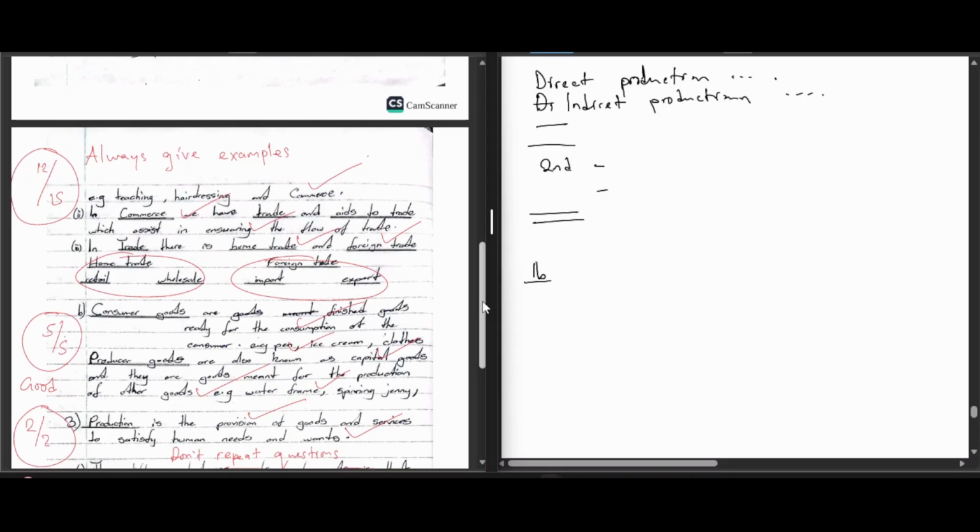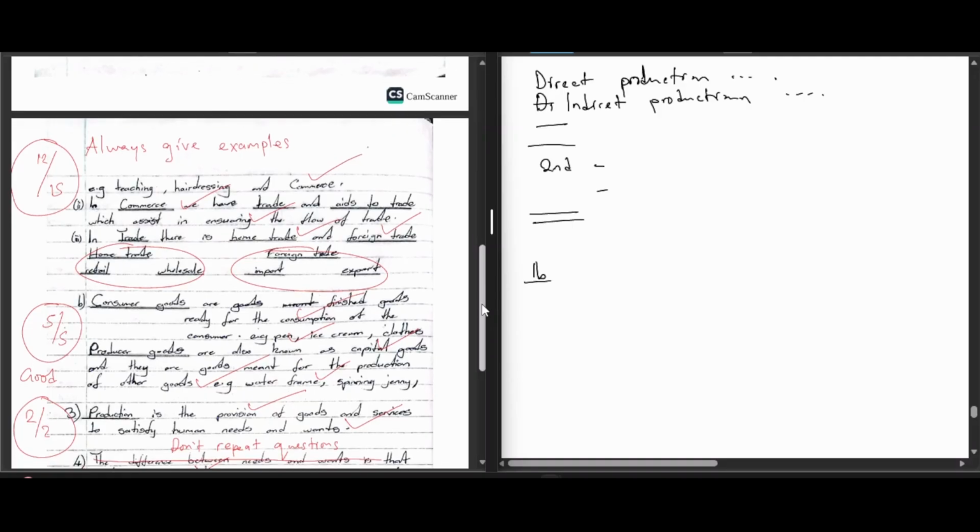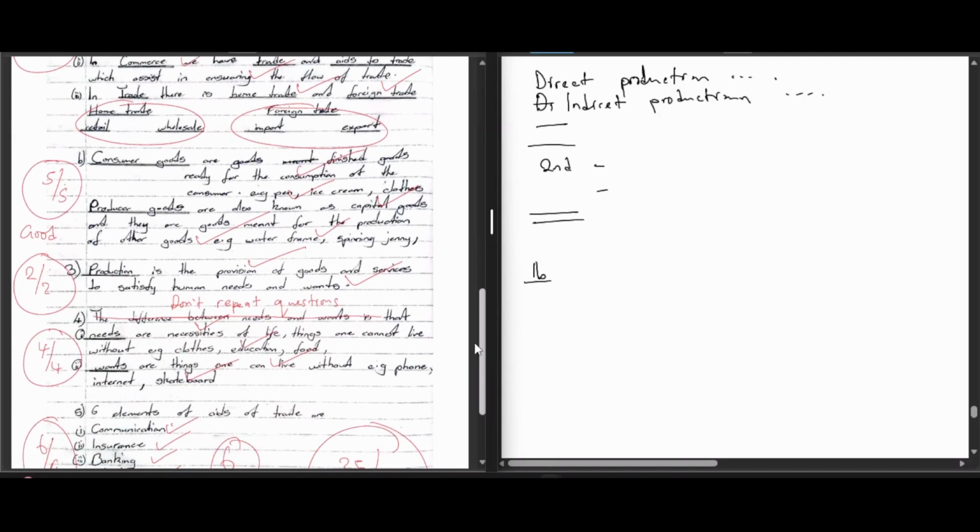Then when we go to part B, what is the difference between consumer and producer goods? Very good. You gave a correct definition, you gave all the necessary examples, and did the same for the other part of the question, producer goods, correct definition and examples. That's why you got all the marks. What is production? A correct definition throughout.